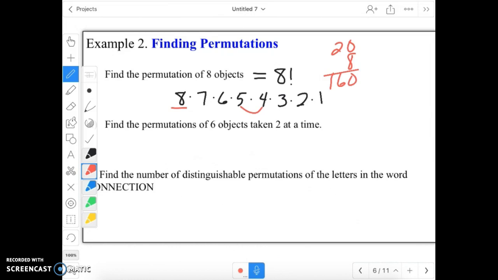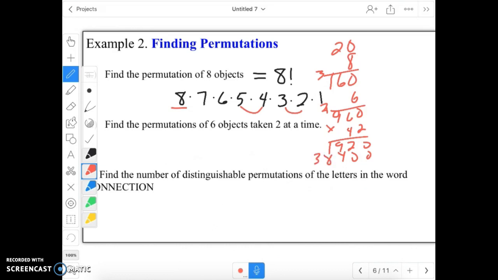Let's do 160 times 6. And then I still have a 6 and a 7, so let's do 960 times, we'll do times 42, just kind of chunking things up.